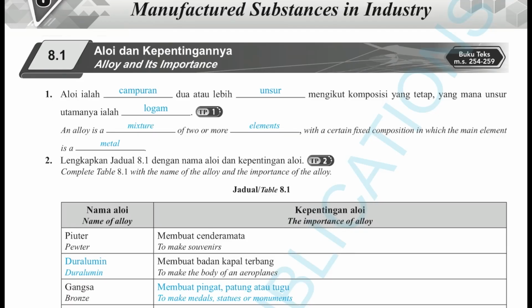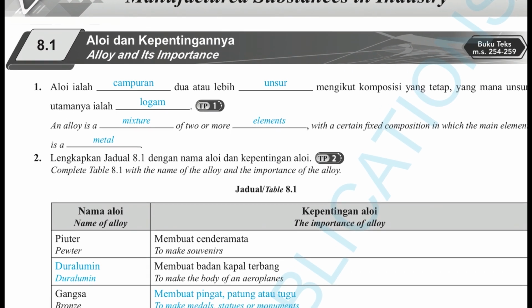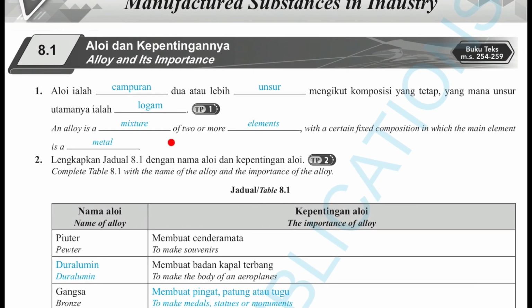Now we need to proceed to chapter 8, manufactured substances in industry. First, we need to learn about alloy. Okay, what is alloy? Alloy is a mixture of two or more elements with a certain fixed composition in which the main element is a metal.